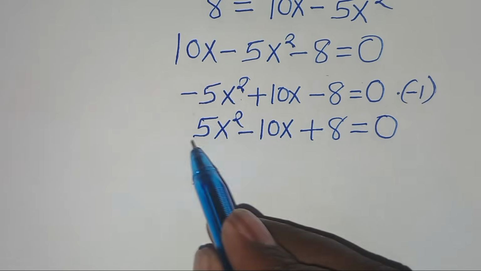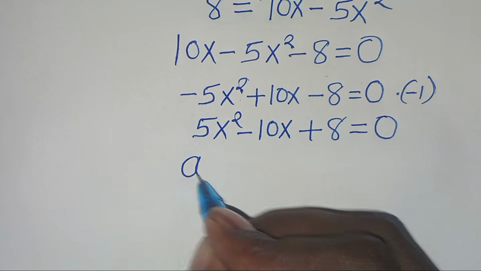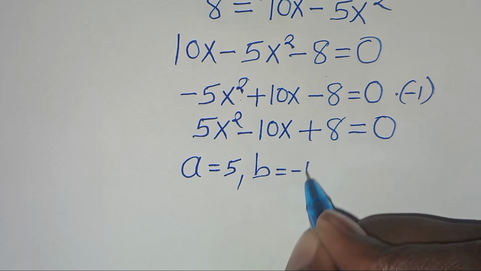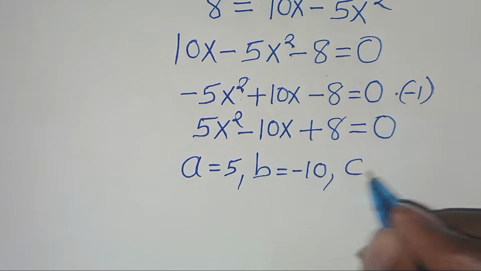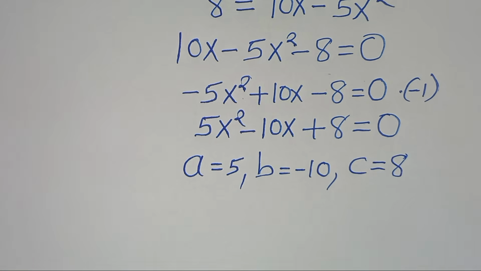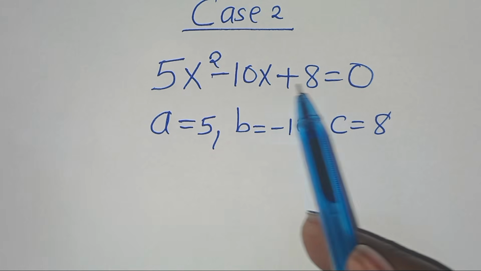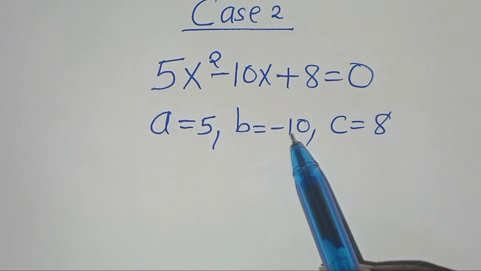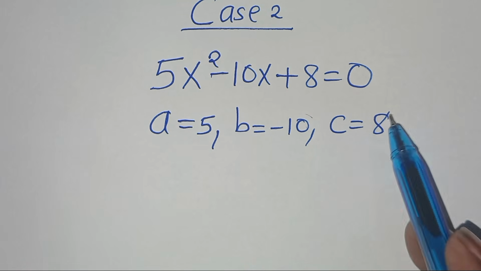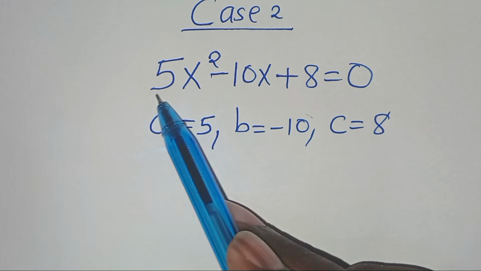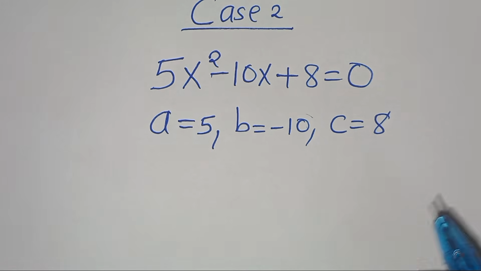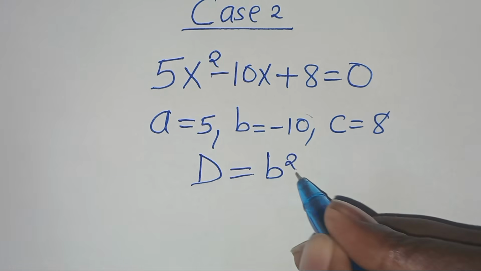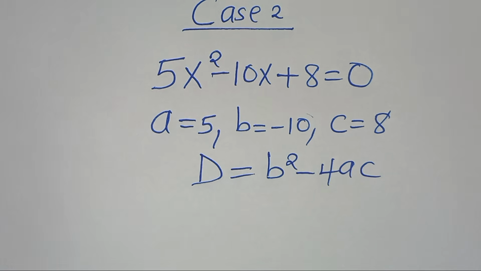Now, this is a quadratic equation where we have a is equal to 5, b is equal to negative 10, and c is equal to 8. In case 2, we have a is equal to 5, b is minus 10, and c is equal to 8. So let's test the nature of the root of this quadratic equation. That is by determining the discriminant value, which is b squared minus 4ac.